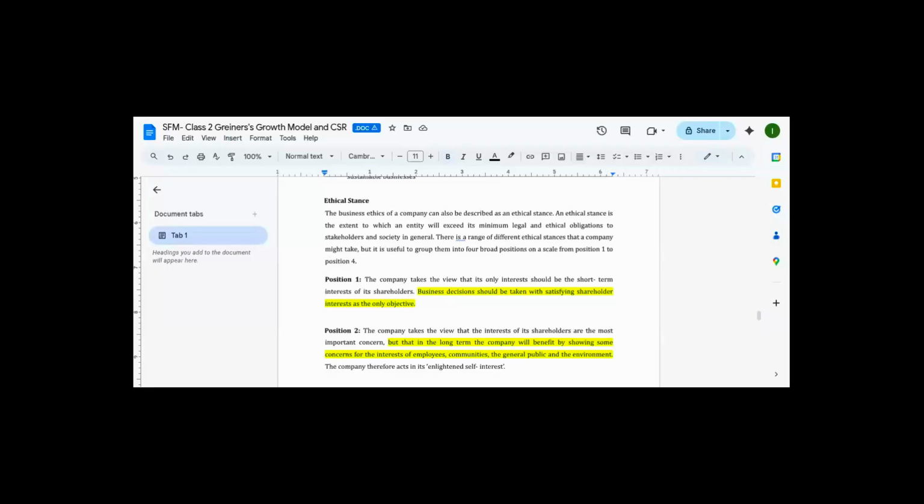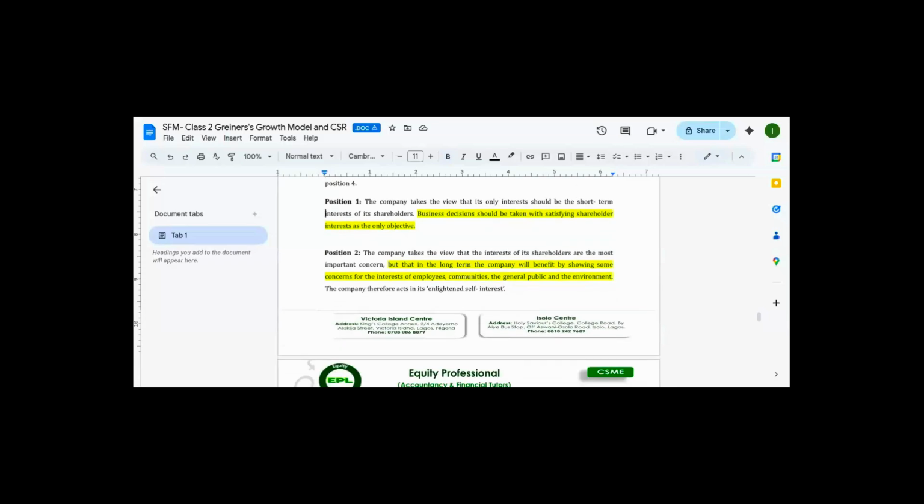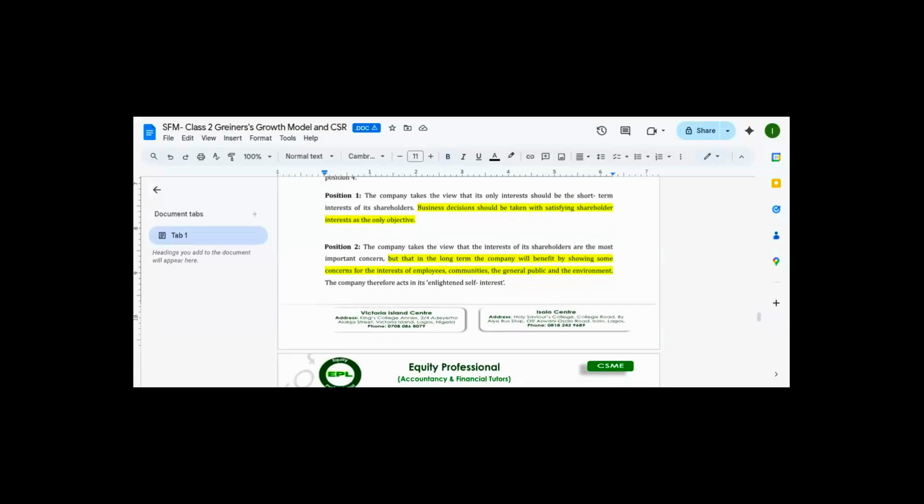What is position 1? They are very simple. Position 1 of the ethical stance says that the company takes the view that its only interest should be the short-term interest of the shareholders.